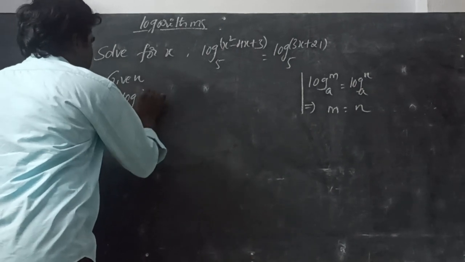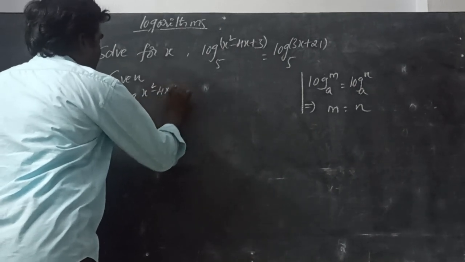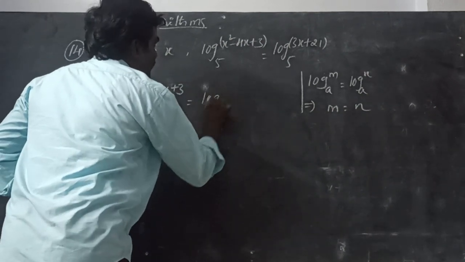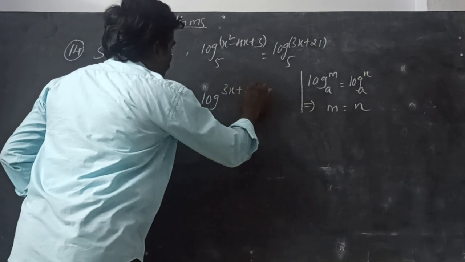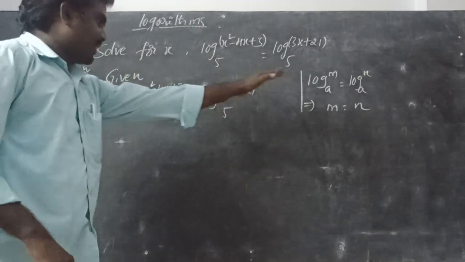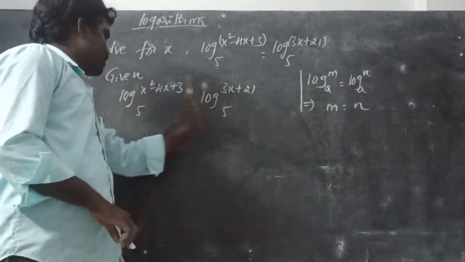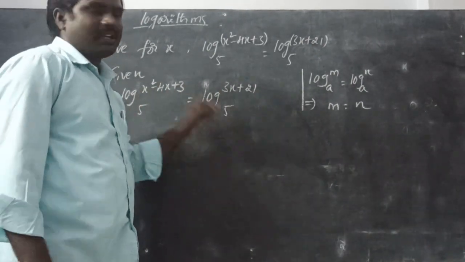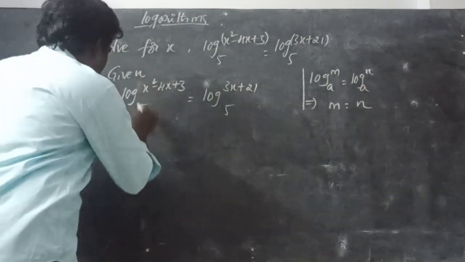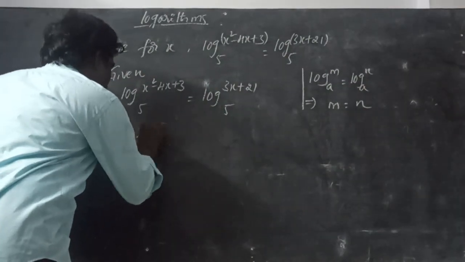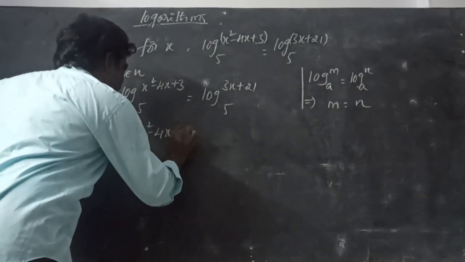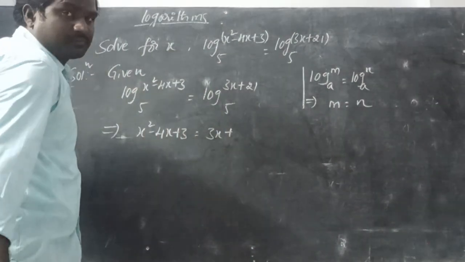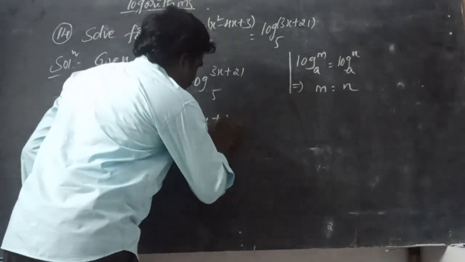So here given log of (x square minus 4x plus 3) base 5 is equal to log of (3x plus 21) base 5. We can apply the law here in the LHS and RHS. The logs and bases are the same, so the numbers are also the same. So that is x square minus 4x plus 3 is equal to 3x plus 21.